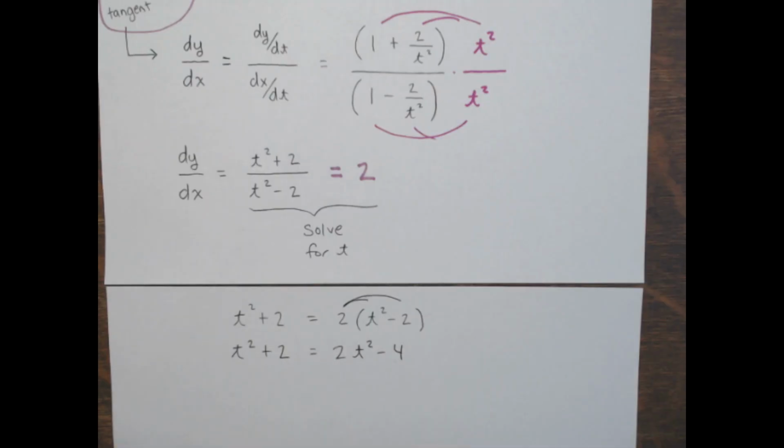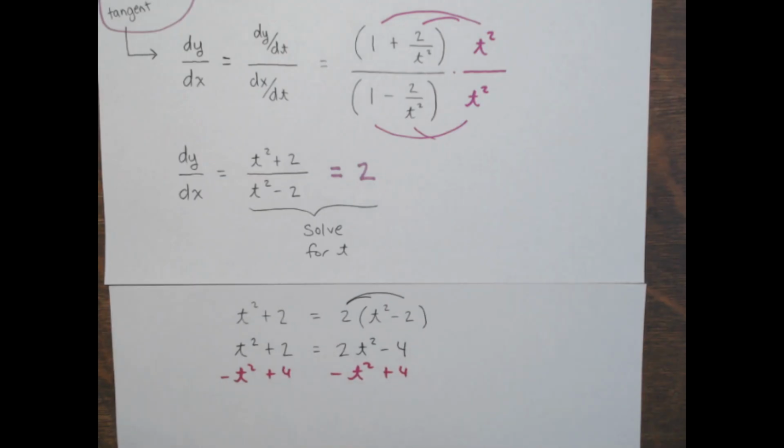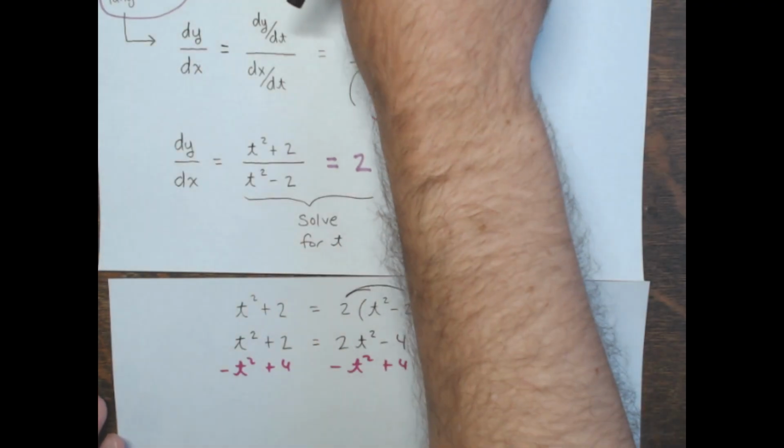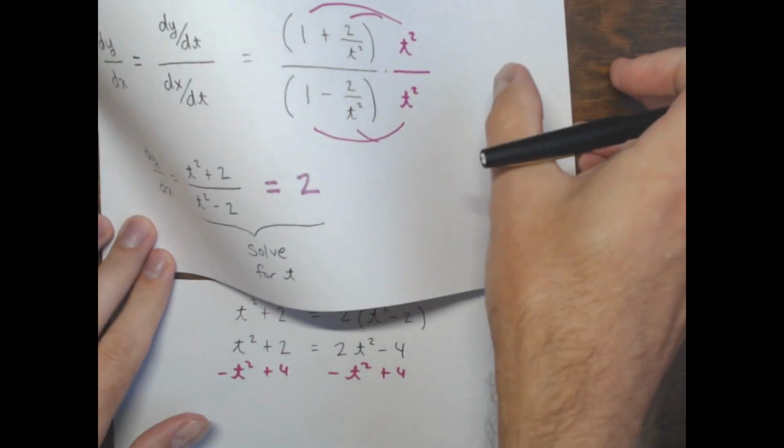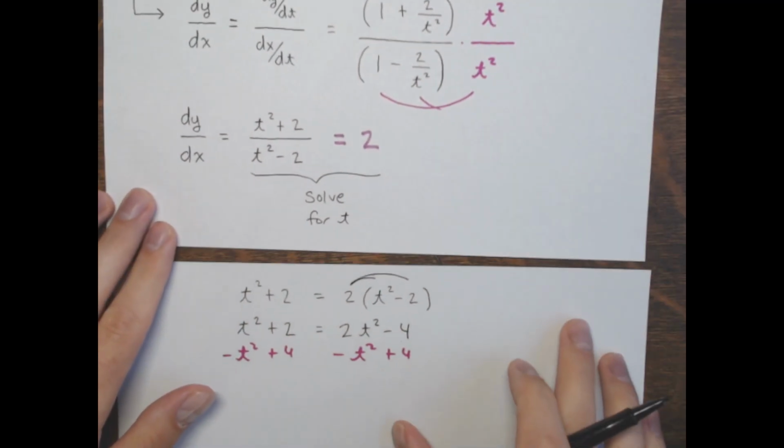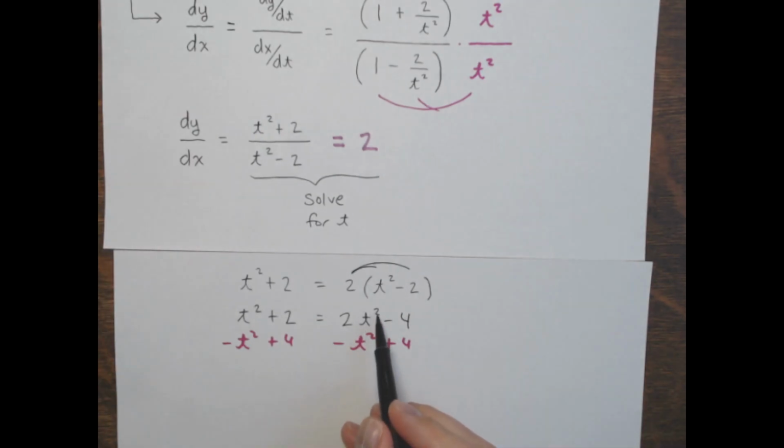And now I'll take away t squared, I'll get all the t squared terms on the right, got minus t squared, and then I'll add 4. Get things with t on the right, constants on the left. This is one of those where you could solve. This is a quadratic in t, so I could solve it with the square root property, right? There's t in a square, but no t's outside the squares. So we got 6 equals t squared.